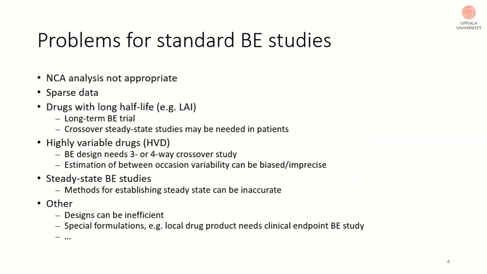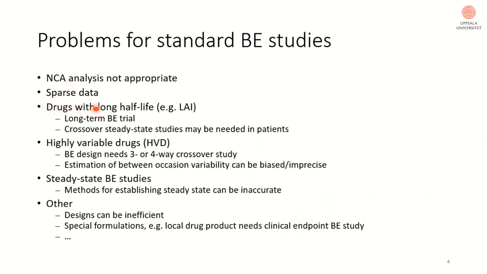Now, there are a number of problems with standard bioequivalence studies. I think one of the largest problems is that NCA-based analyses, non-compartmental analyses, may not always be appropriate. There can often be sparse data that can cause problems for NCA-based analyses.